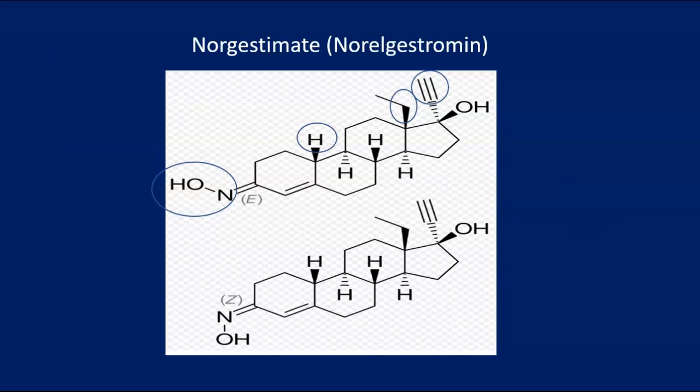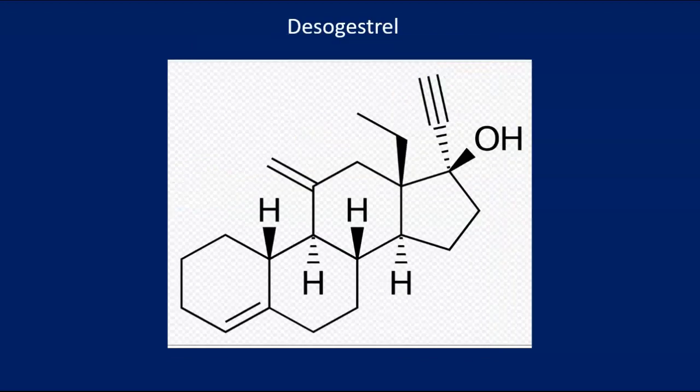And here you can see, particularly well over to the left, the compound with the nitrogen is the attachment we just discussed. Note that there's sort of two versions of this compound, and norgestimate actually has equal amounts of both, whereas if you call the drug norgestromin, it will include only one of the variants. And again, this changes the stereochemistry of how this looks if you view it structurally in a three-dimensional fashion.